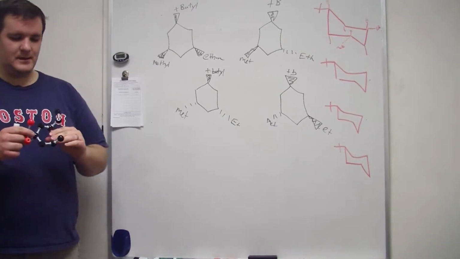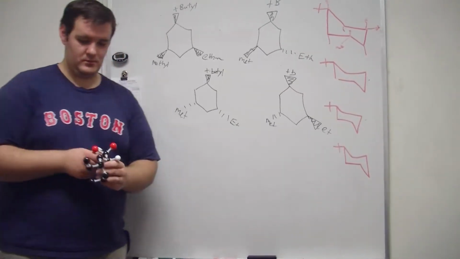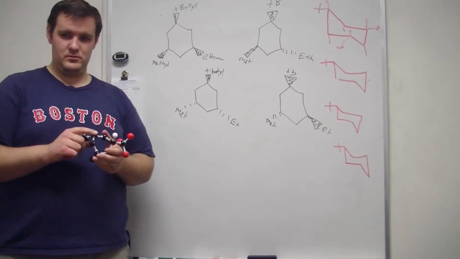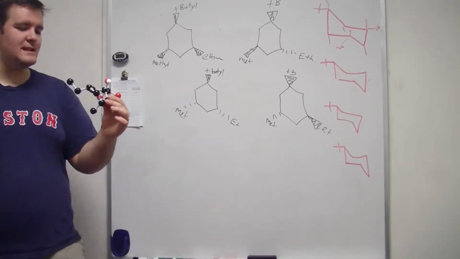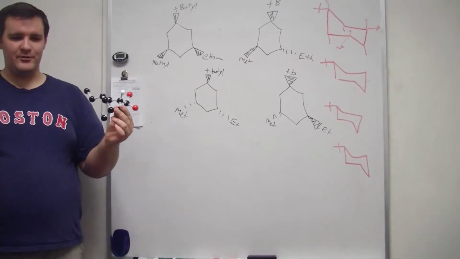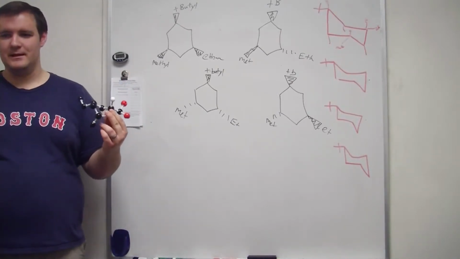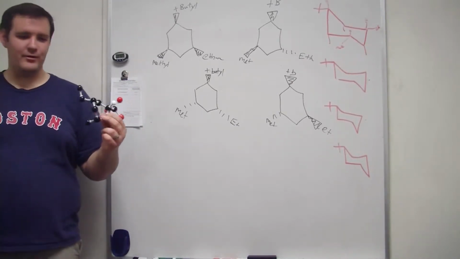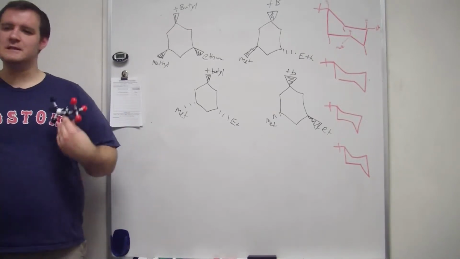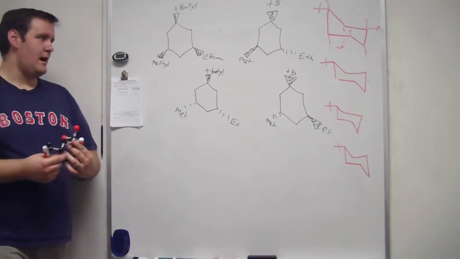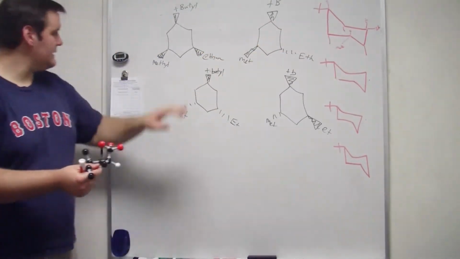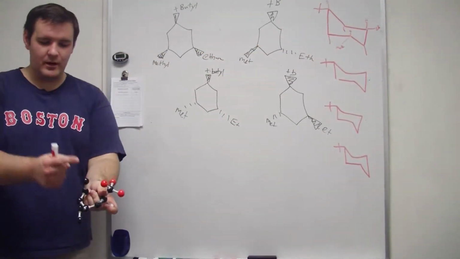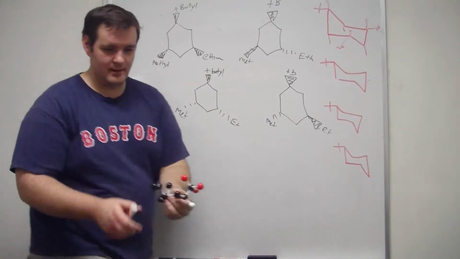What if you turned it the other way? That's not a ring flip. In nature, molecules don't know which way is high and low. They could be flipped anyway, it's all your perspective. One thing we're noticing is they're all on the same plane.